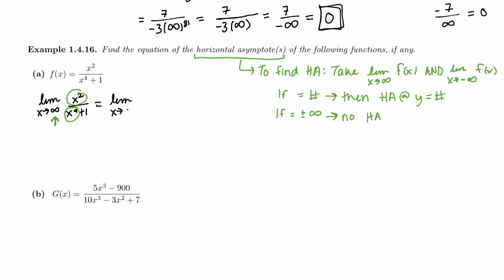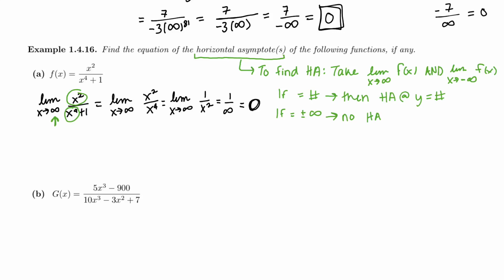So the limit as x approaches infinity of x squared over x to the fourth. Simplifying that, we have 1 over x squared. So 1 over infinity, which is 0.